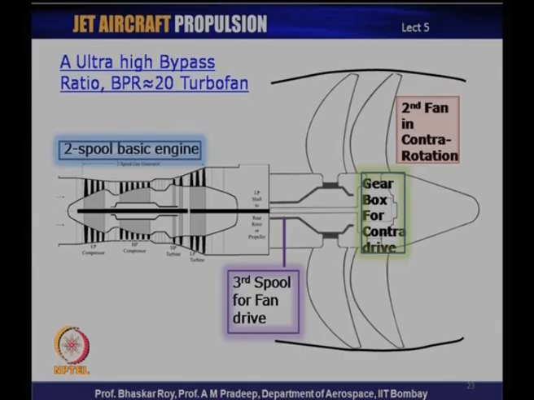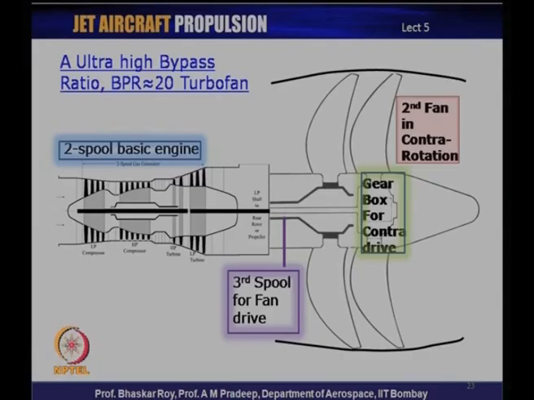If you have 2 fans, it is entirely possible, and it has been demonstrated, that through the gearbox you can run the second fan in the opposite direction, that is a counter rotation, and if you do that, you get a huge benefit in terms of thrust production and in terms of SFC. So, this is a very high bypass ratio prop fan.